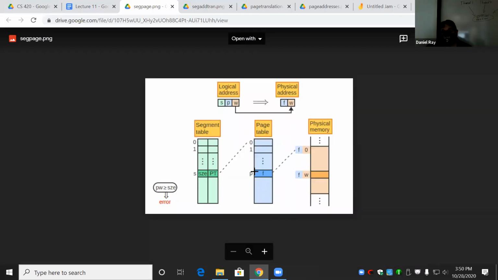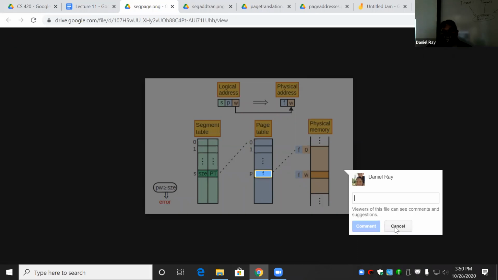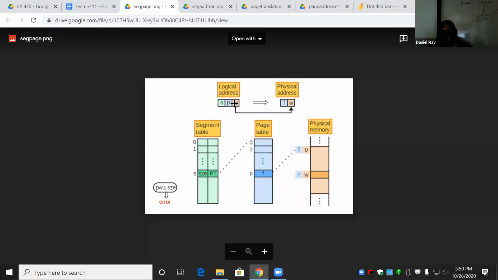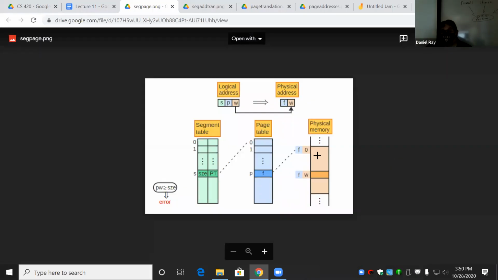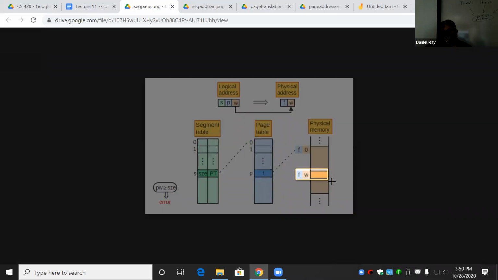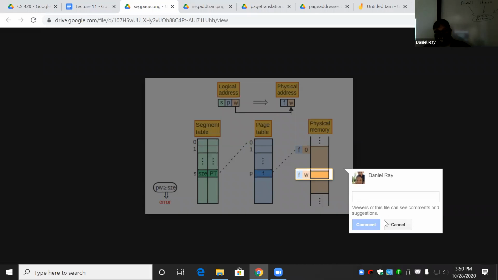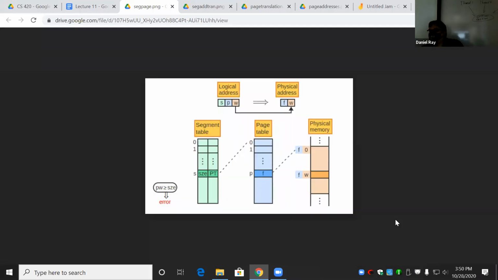The place in physical memory where your page has been loaded. And then all you have to do is look up the offset W to go W steps down to find your location, that address translated from logical addresses into physical addresses. Okay? Does that make sense?